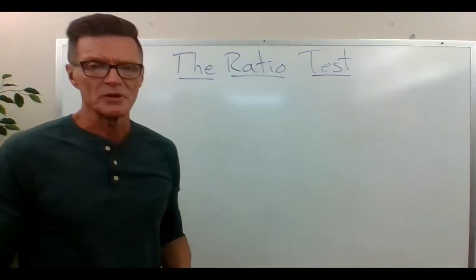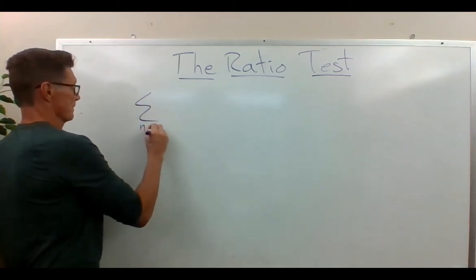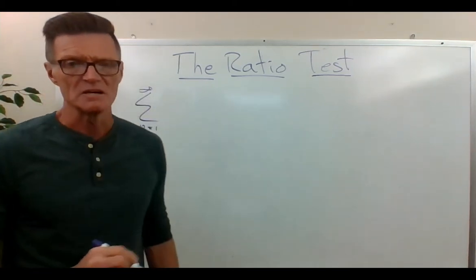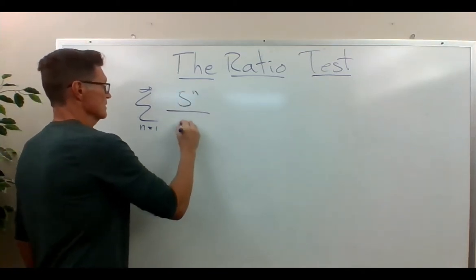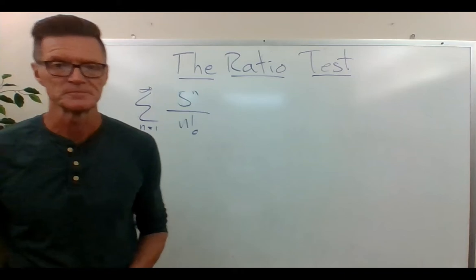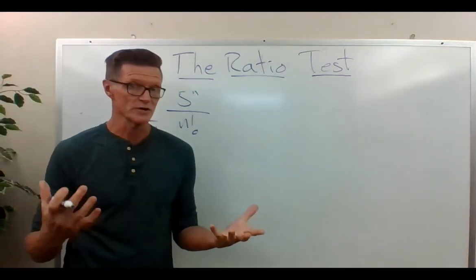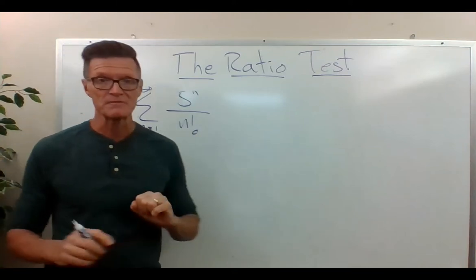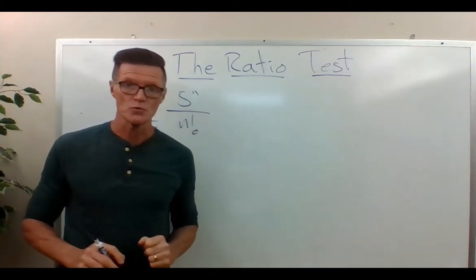The first example I'm going to do is the series of 5 to the n over n factorial. Now up until this point we have not had any factorials. When you see a factorial in your series, think the ratio test.